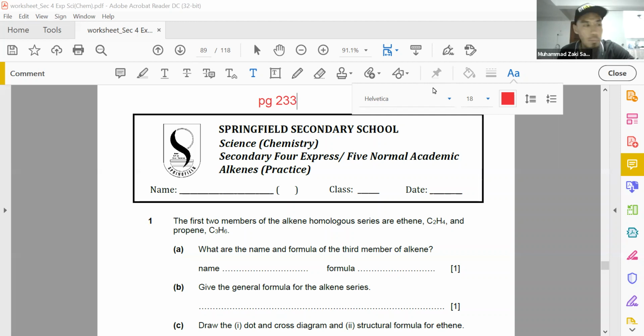I hope we have finished learning the recording on alkenes, which I posted on the WhatsApp group through YouTube. You also need to do the SLS module for alkanes and alkenes.